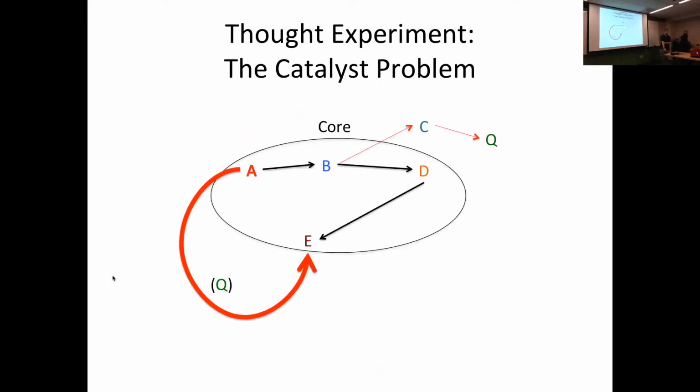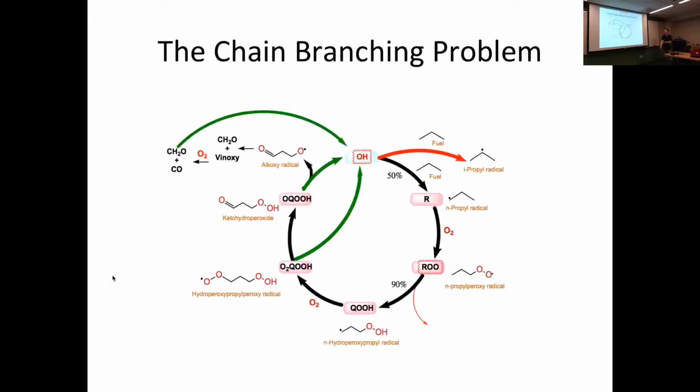What we get instead is called the chain branching problem. In this case we have propane, and propane adds these oxygens, does some stuff, and eventually it breaks off an OH, goes through this cycle that makes 3 OHs.